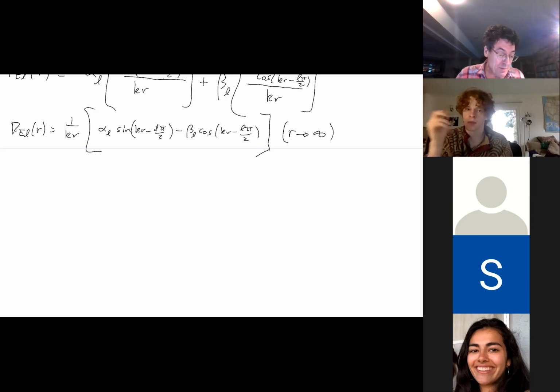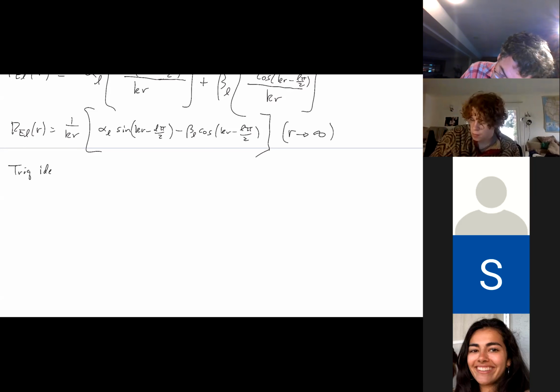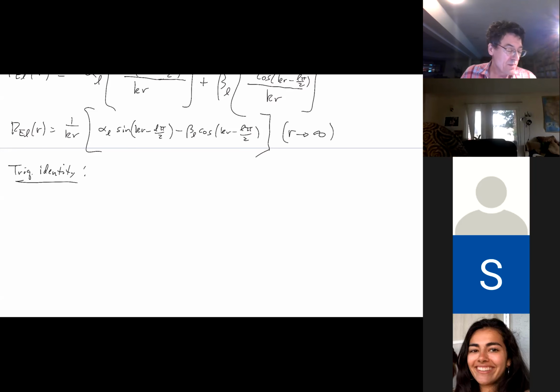But before we do anything, we're going to use a simple trig identity. This is a trig identity that you have all used before, but you might not have it memorized, so let me remind you.